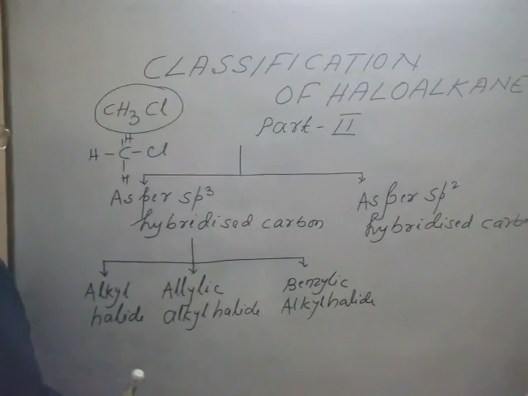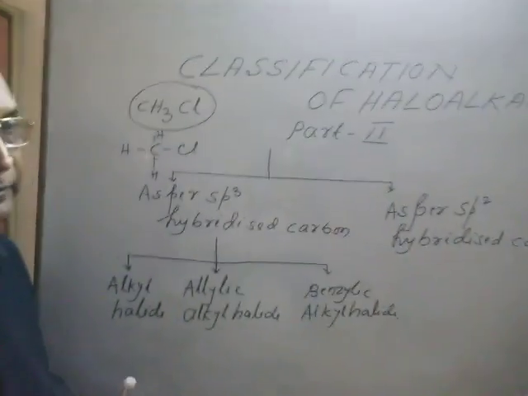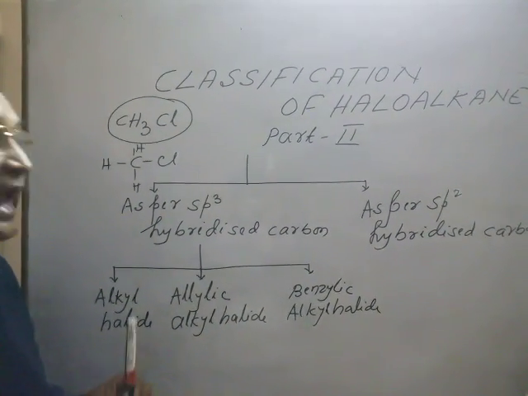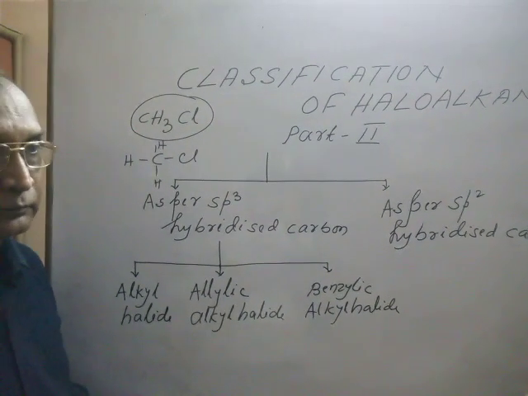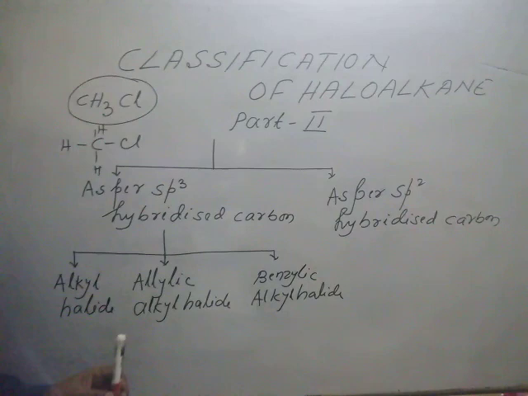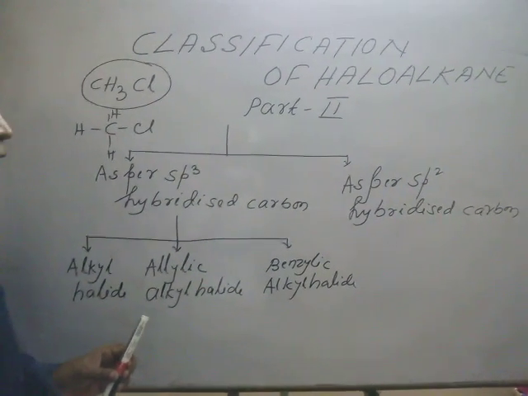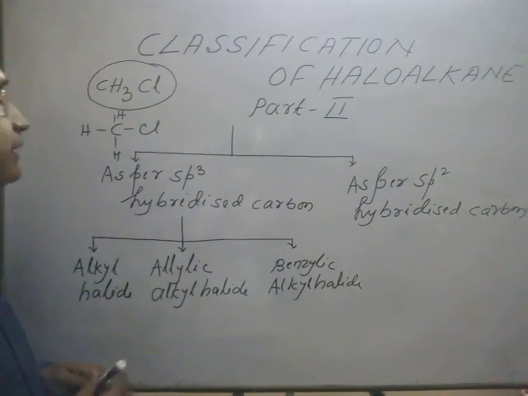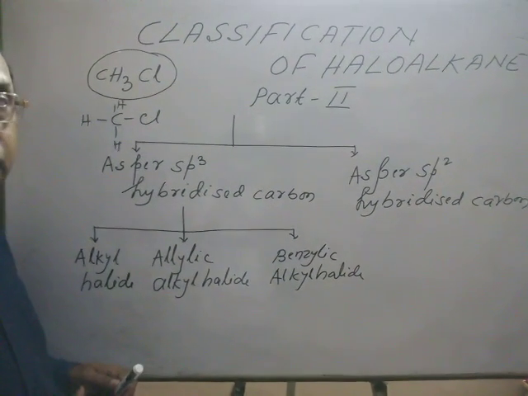If we consider any alkyl halide where halogen joins with an allylic carbon, you also read it in class 11, and I also discussed it. What is our allylic carbon?